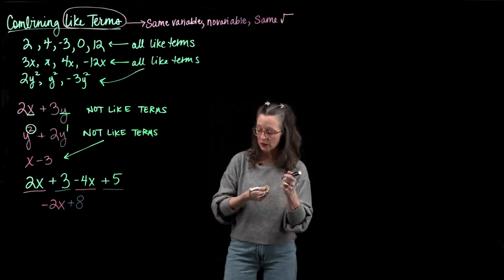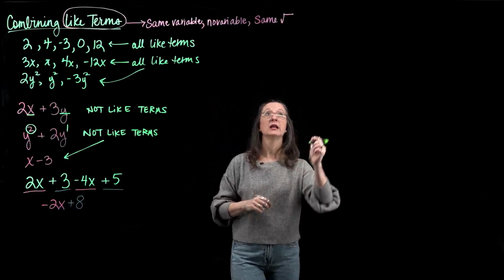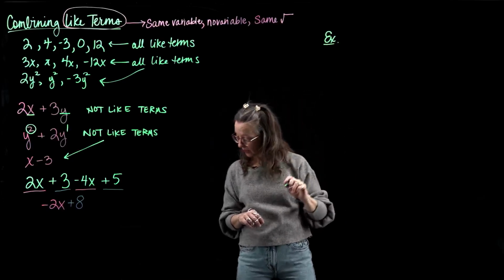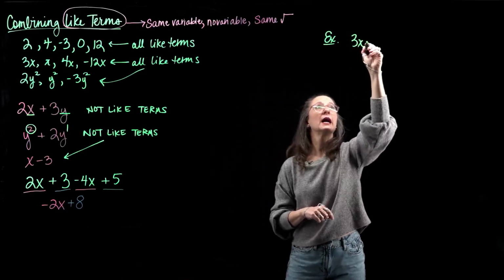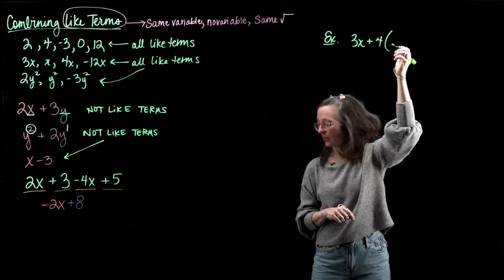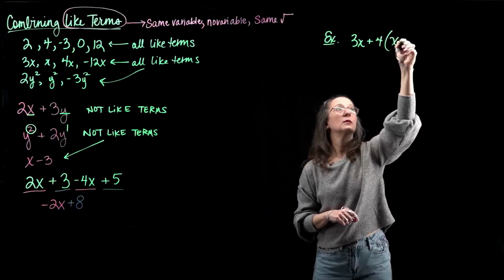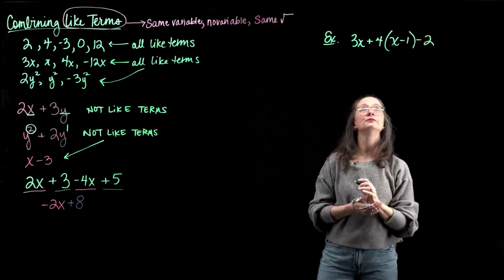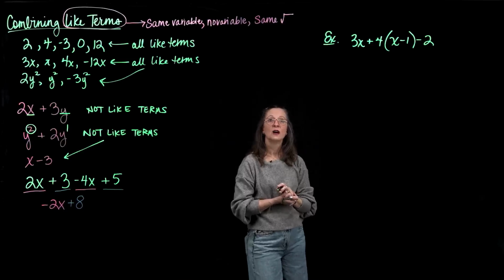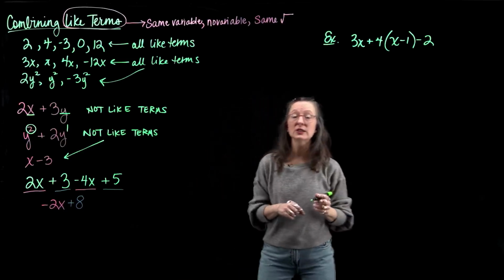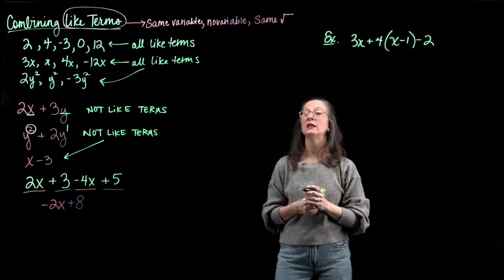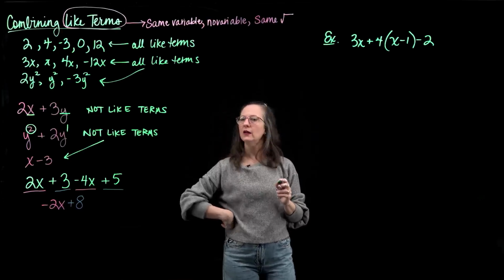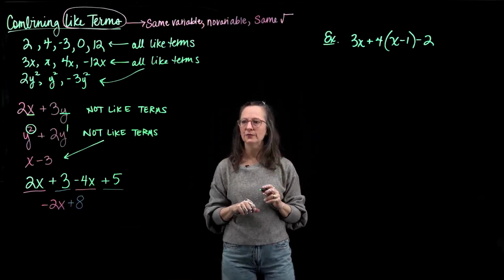So we see this when we're evaluating an expression like our order of operations problems. So let's say I had 3x plus 4 times x minus 1 in parentheses minus 2. All right, order of operations says go look at that parentheses first. And when I do, I see x minus 1, which I can't combine together.